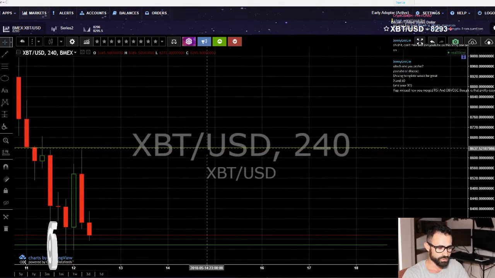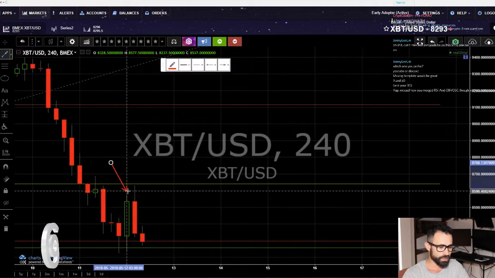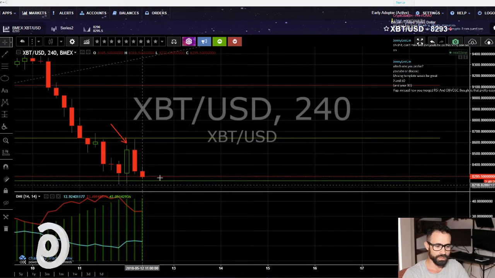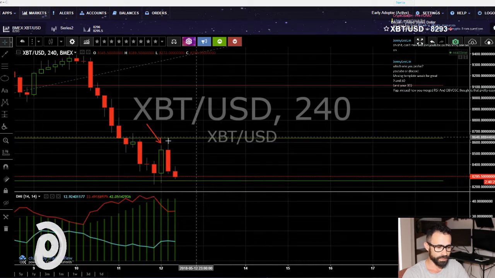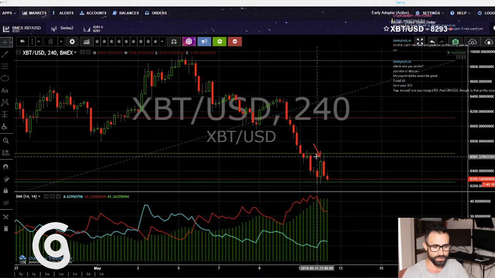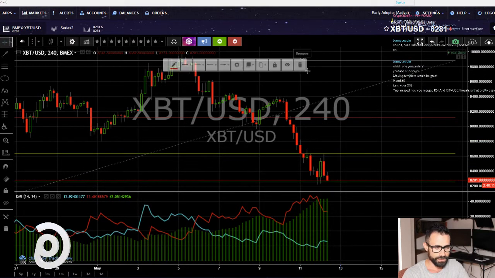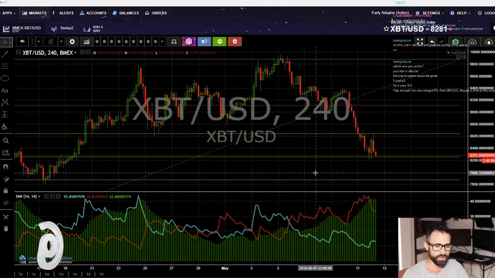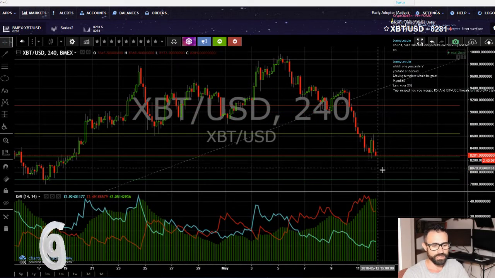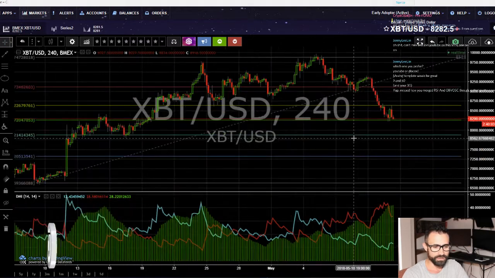What happened to all the traders that bought up here? Everybody that longed after this big candle, they all got liquidated, right? Anybody that FOMO'd into this definitely got liquidated, or they're about to get liquidated. So that's why we don't FOMO, and that's why I always say wait for the test, wait for the retest. This is going to be the retest of the 50, so we're going to see what happens there.